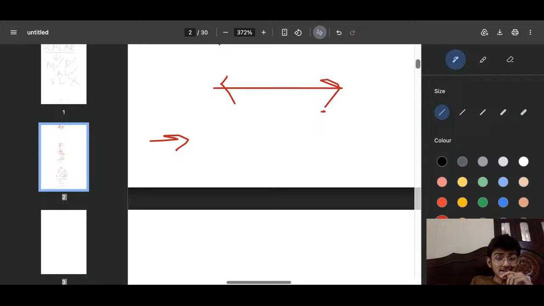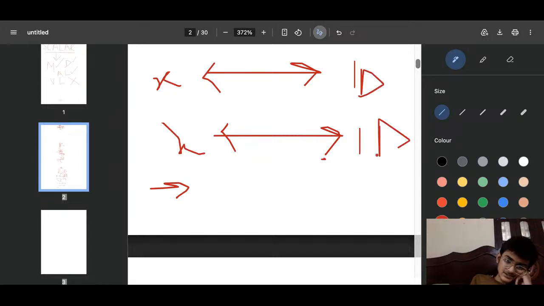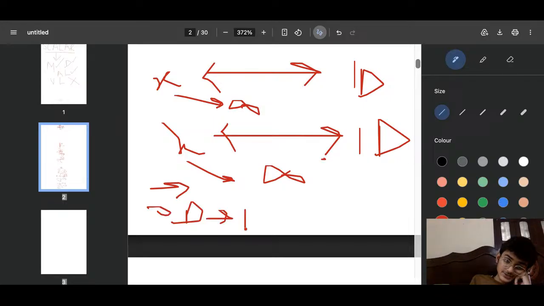So if we are considering x here as a line, a one dimensional system, then what's the length of x? Infinite. What's the length of this one? Infinite. And you are explaining the zero dimensional system. What will you do? You will subtract this 1D from this 1D. You are doing infinity minus infinity.